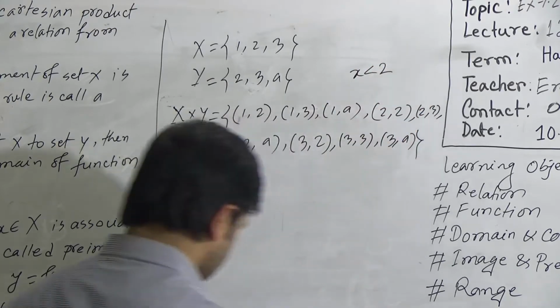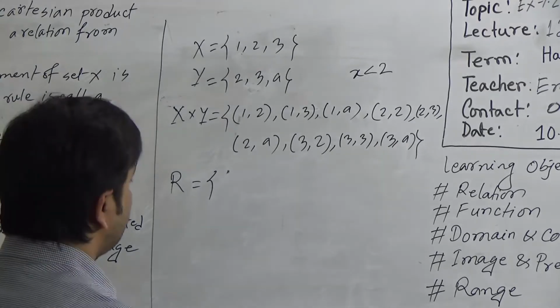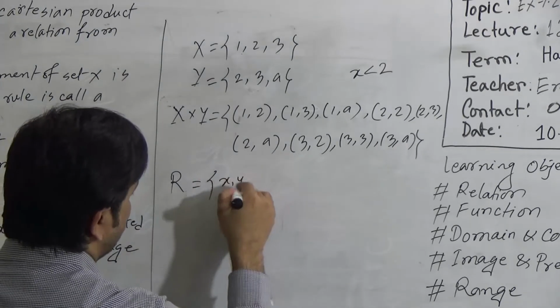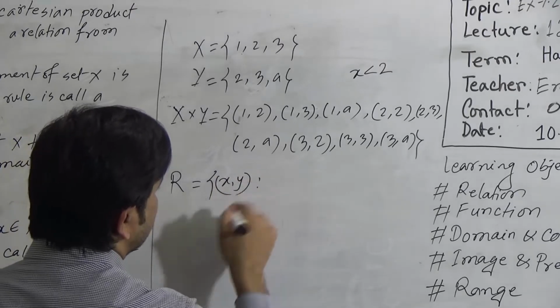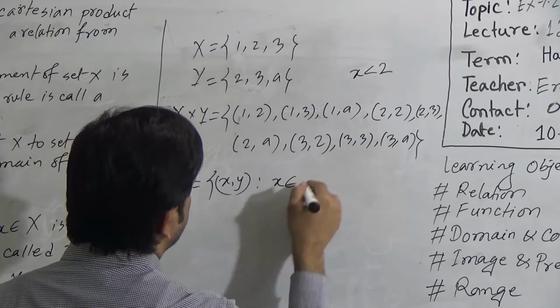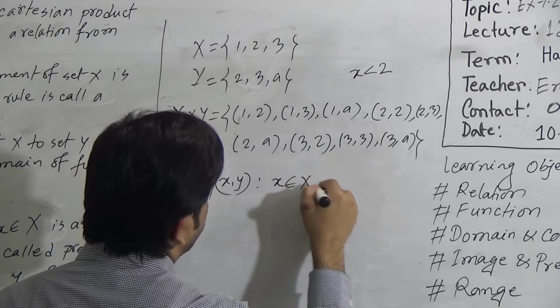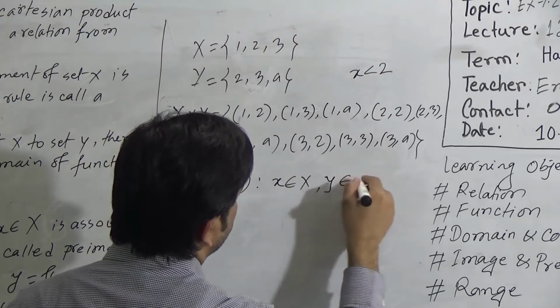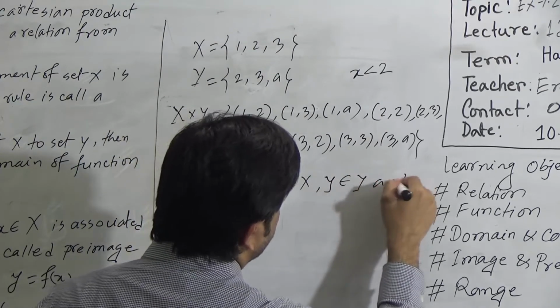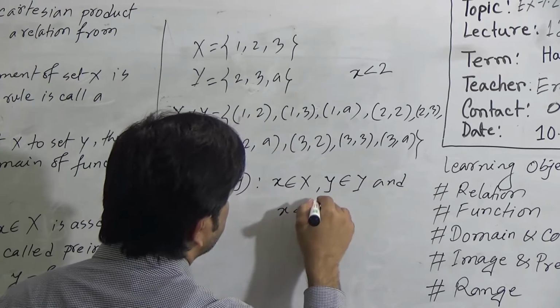Suppose we denote R as the set of all (x, y) such that x belongs to X, y belongs to Y, and another condition is x is less than 2.